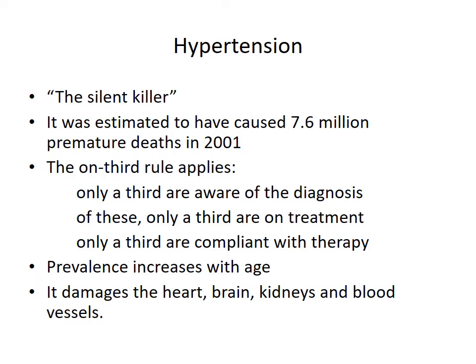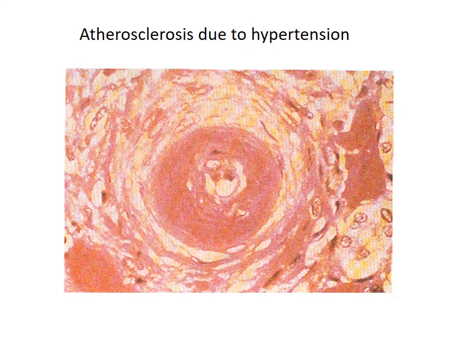A consequence of hypertension is that it damages the heart, because the heart has to pump more forcefully, and that creates a lot of resistance, and the muscles will then increase in size and later will fail to function well. It affects the brain, it affects the kidneys, it damages blood vessels. And how does it do this? This is a photograph of a blood vessel, and this is the lumen of the vessel.